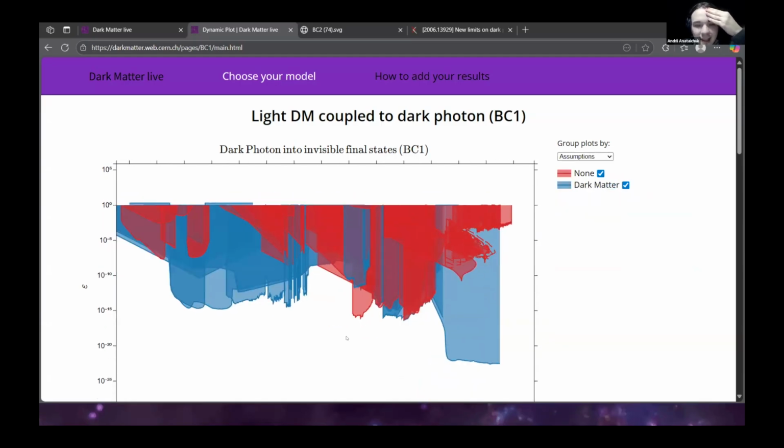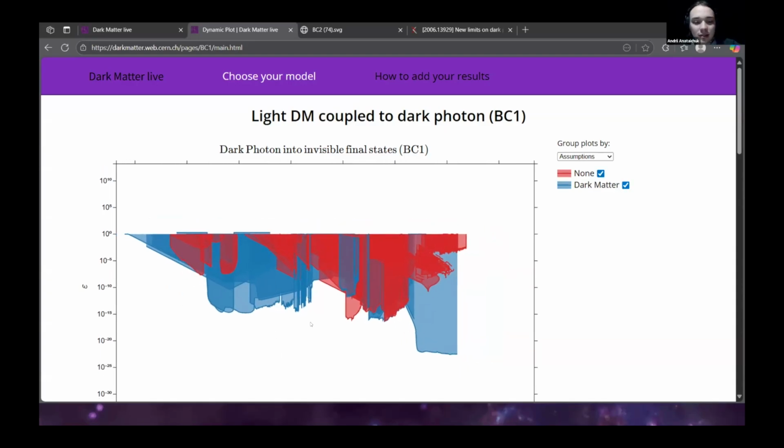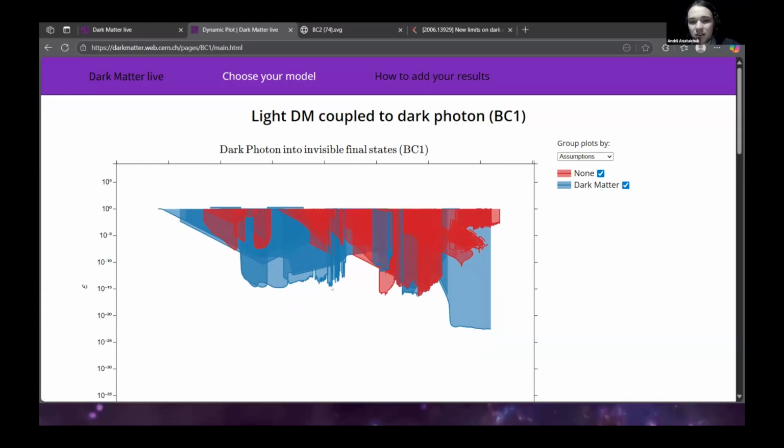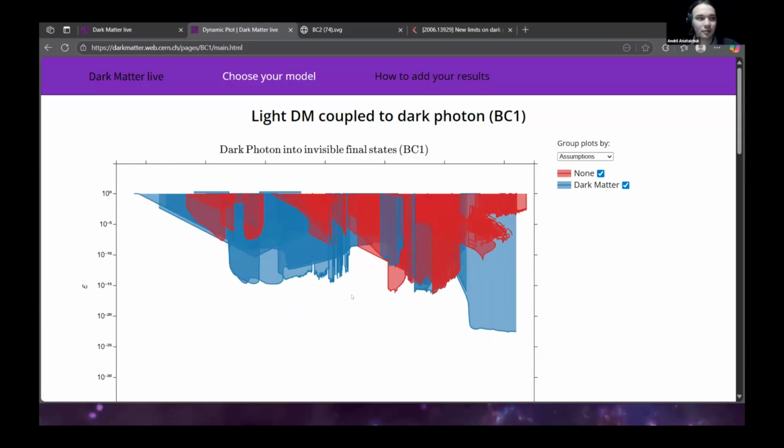In the red, basically, are experiments that come from different colliders, and there are also precision experiments going on. But the blue ones here are the ones coming from cosmology, and they depend heavily on assumptions. For example, you can choose the dark photon to be 100% of dark matter, or 1% of dark matter, and the plot will change with these different assumptions.